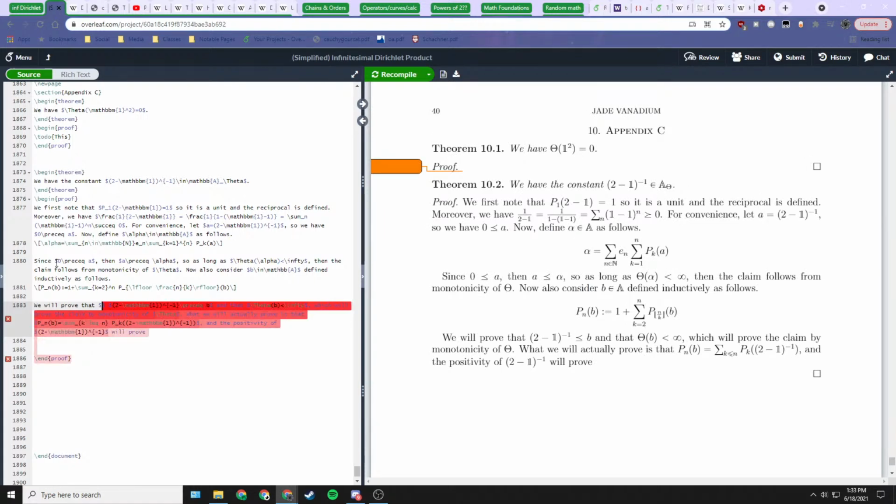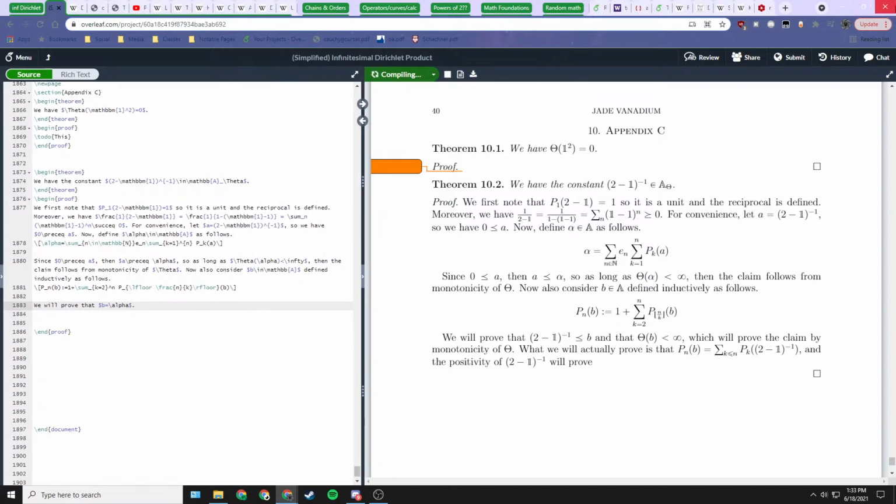Okay, so we will prove that b equals alpha. So that's our plan. So we've got our alpha defined this way.